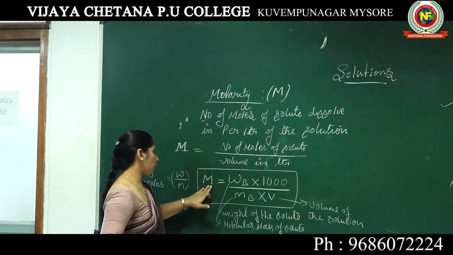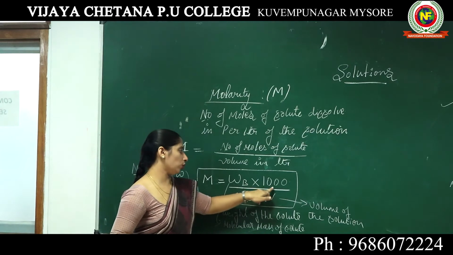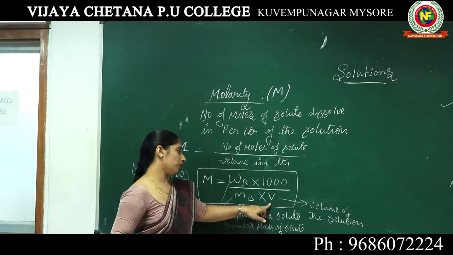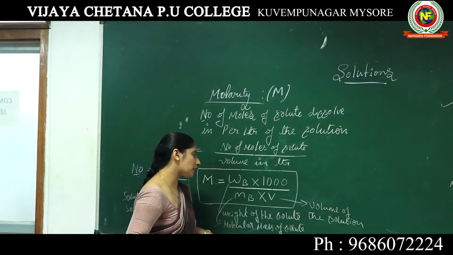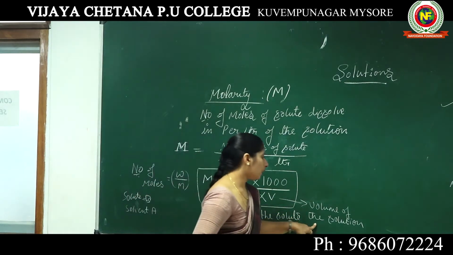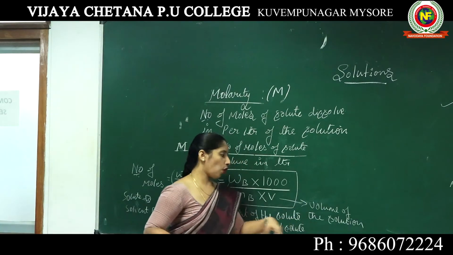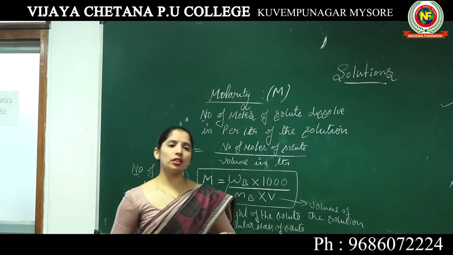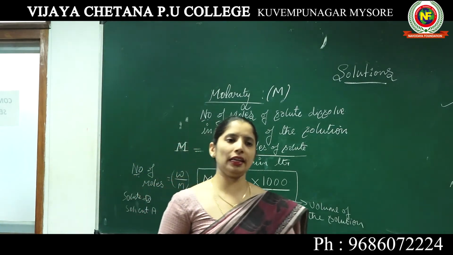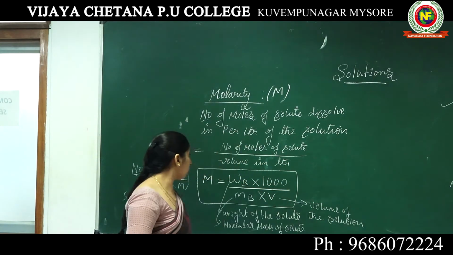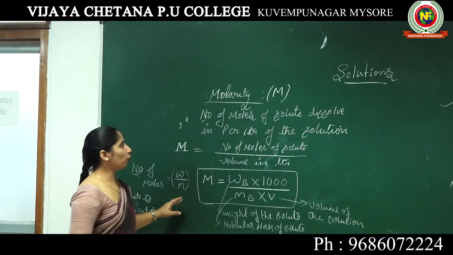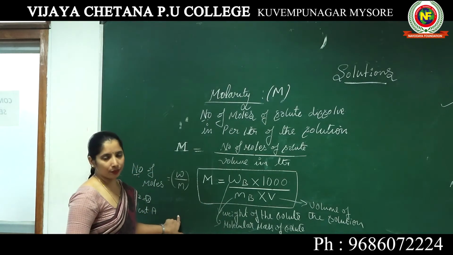So molarity equals W B into 1000 by M B into V. Here W B is the weight of the solute, M B is the molecular mass of the solute, and V is the volume of the solution. The unit of molarity is mole per liter.